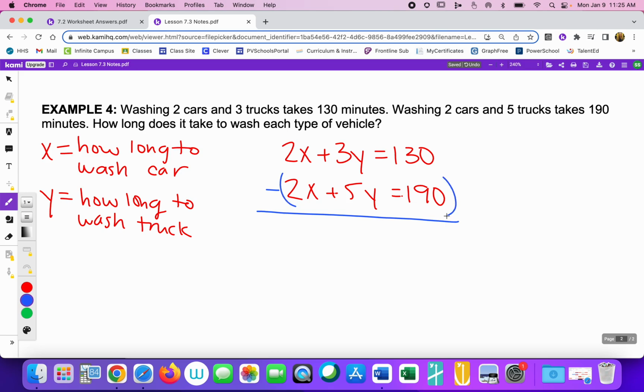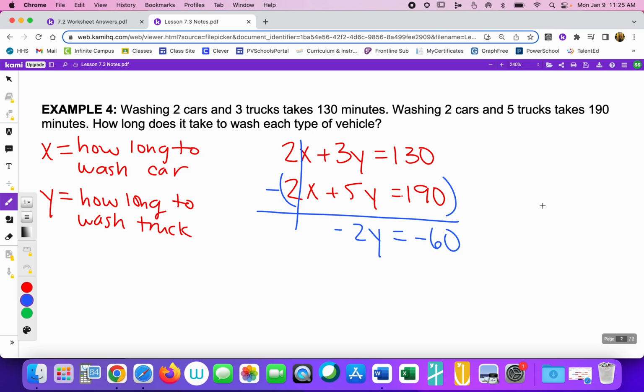So, 2x minus 2x would eliminate. 3y minus 5y is negative 2y, 130 minus 190 is negative 60. So if you struggle with the minus and negatives, if you're subtracting a negative, use a calculator for that, just to make sure.